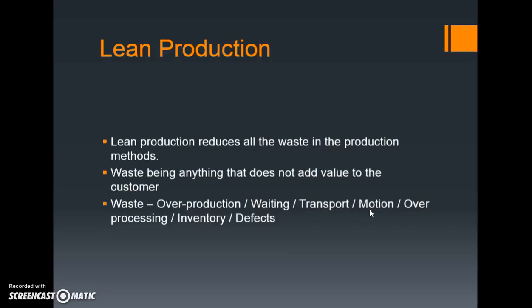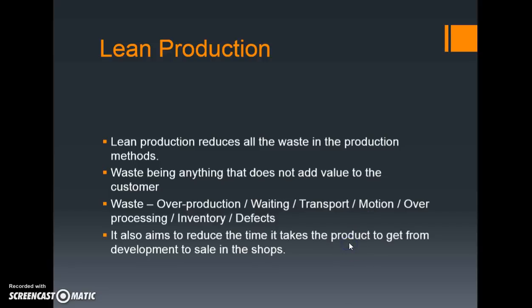Checking the inventory, making sure that in your production process you've got everything available for you to make that final product, and also defects and problems with that final product, or the way in which you measure it along the way.